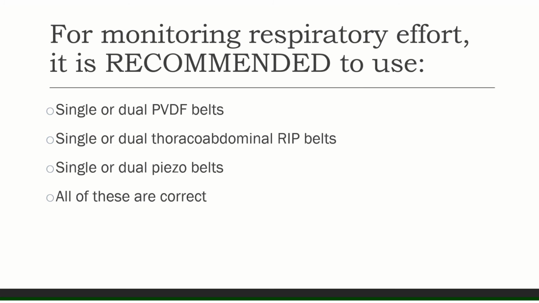All right, so for monitoring respiratory effort, it is recommended to use what? Is it a single or dual PVDF belt? Is it a single or dual thoracoabdominal rib belt? Is it a single or dual piezo belt, or is it all of these? What's the recommended for monitoring respiratory effort?